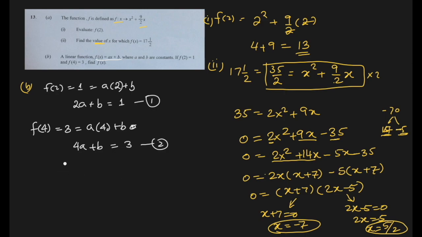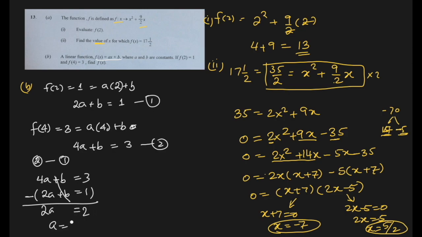Okay, so now they're asking to find f(x). To find f(x), we'll have to find the values of a and b, and these two equations will help us to find that. We'll subtract equation 2 minus equation 1. So equation 2 is 4a plus b equal to 3 minus 2a plus b equal to 1. So 4a minus 2a is 2a, b minus b is gone, cancelled. 3 minus 1 is 2.